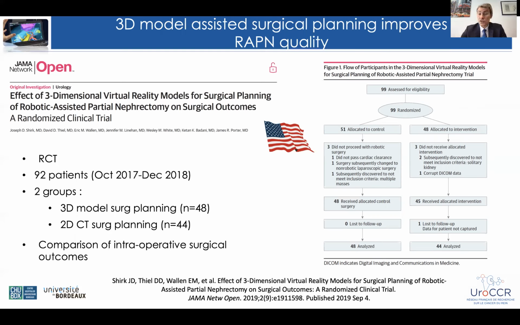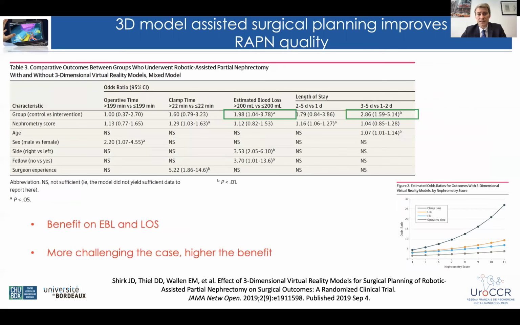in which the surgical planning and the surgical reflection on the strategy was made with the help of the 2D CT scan. The authors compared the intraoperative surgical outcomes in terms especially of operative time, clamping time, estimated blood loss, and finally, they also had a look at length of stay.